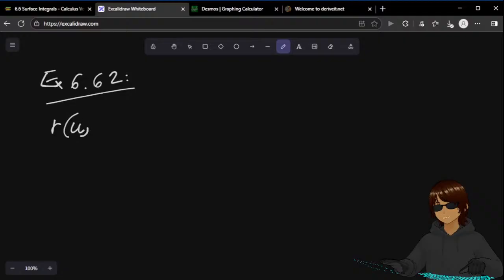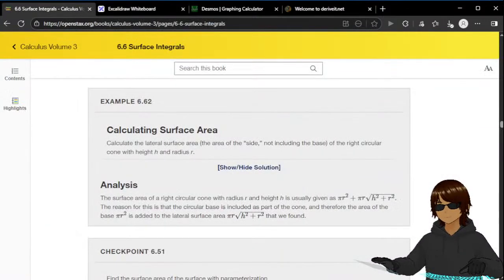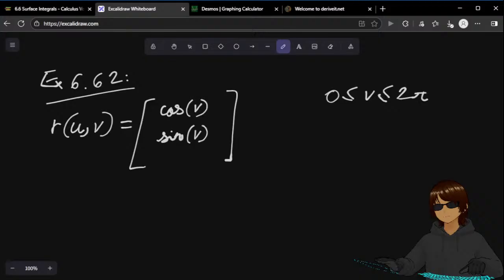If I have R of U, V, X is this, Y is this for different values of V. And then radius R, right?